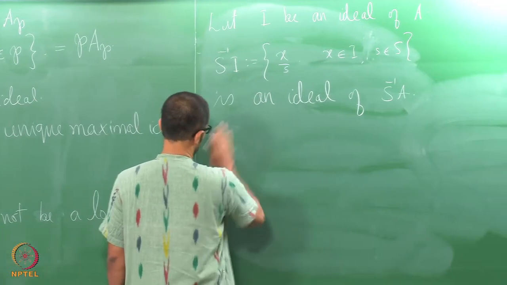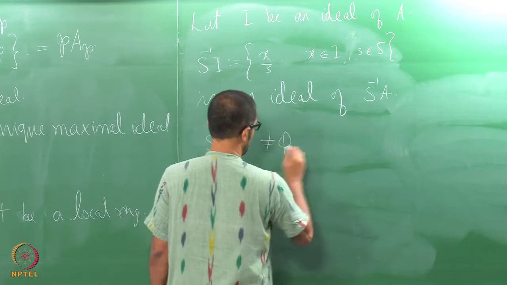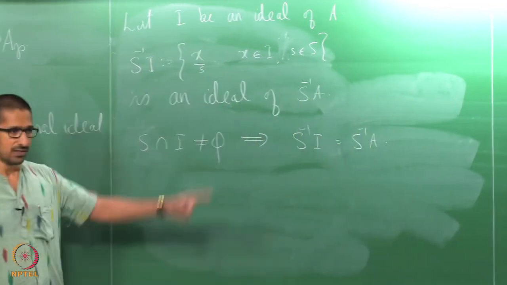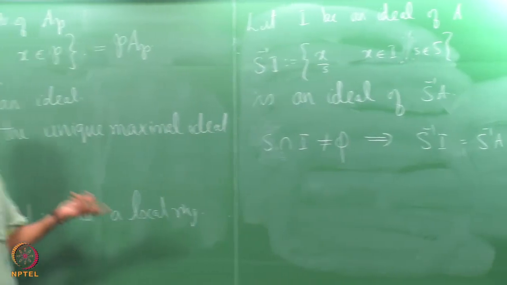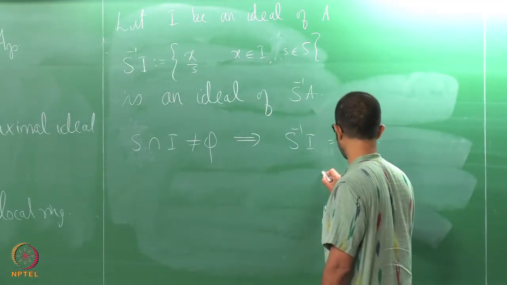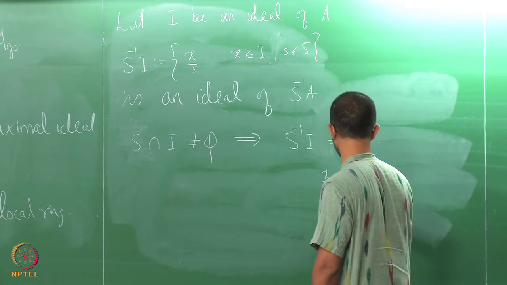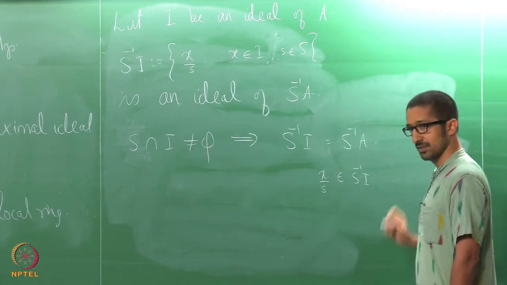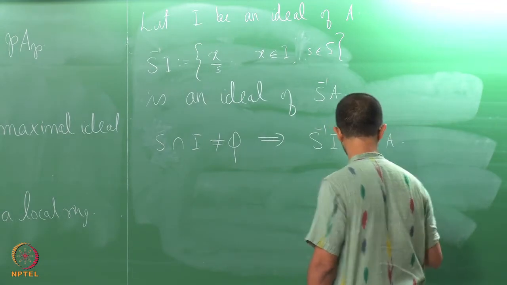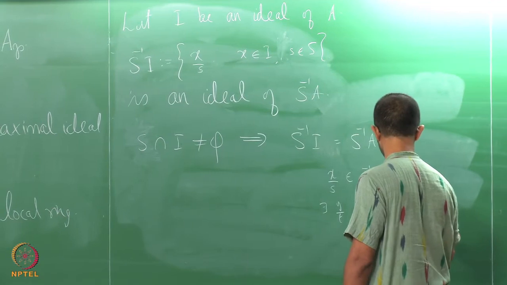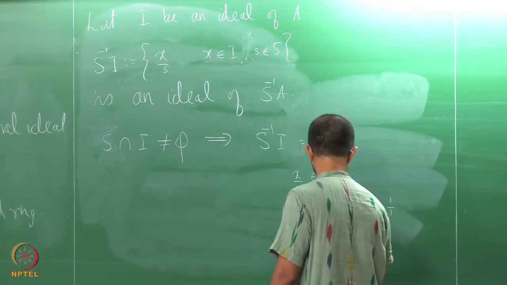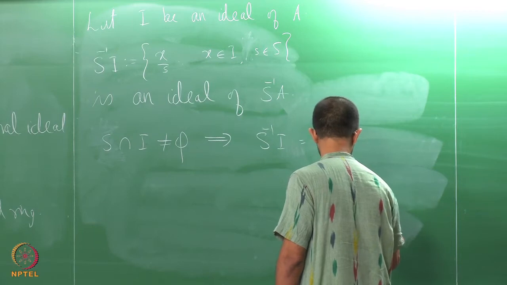So, S intersection I non-empty implies S inverse I is S inverse A. What about the converse? Suppose S inverse I is equal to S inverse A. That means I have an element x by s which is a unit in S inverse I. So this says that there exists y by t such that x by s times y by t is 1 by 1, or in other words, x y u is equal to s t u.